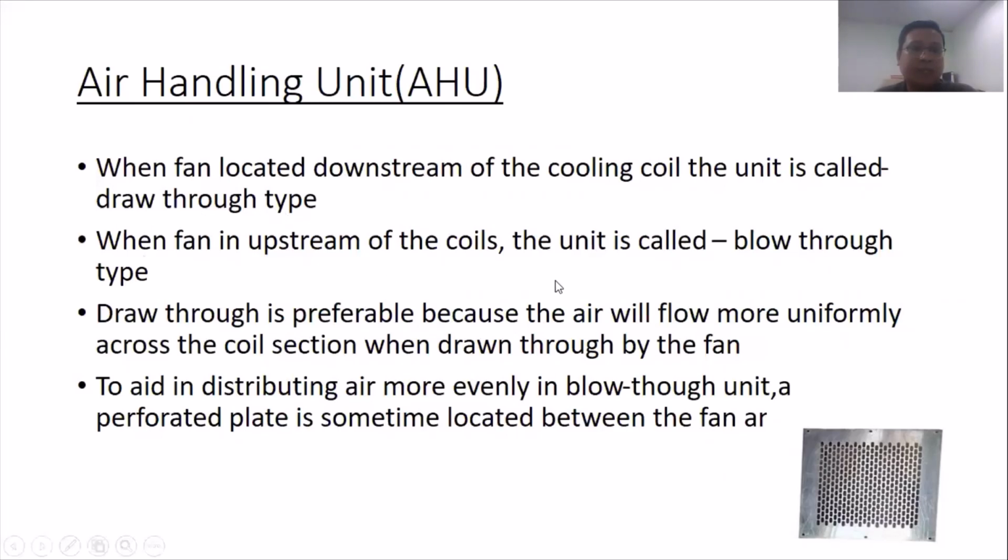Different position of fan, different type of air handling unit. Draw-through is preferable because the air will flow more uniformly across the coil section when drawn through by the fan. To aid in distributing air more evenly in blow-through units, a perforated plate is sometimes located between the fan and the coil.